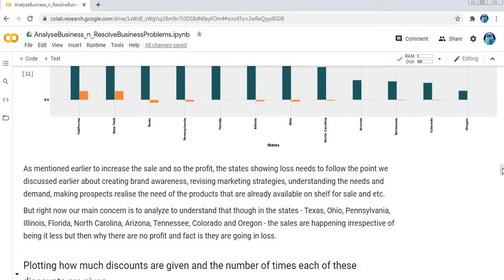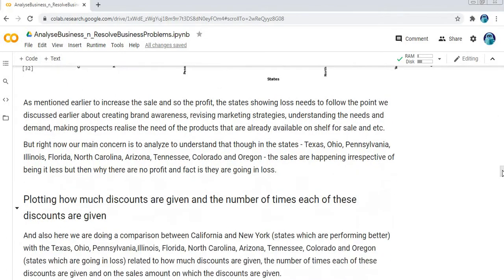What we have discussed earlier. But right now our main concern is to understand that though these 10 states are going into loss, the sale is happening, though it is less. Then why do they not make a single profit, and in fact go into loss? So let's go deeper into this.